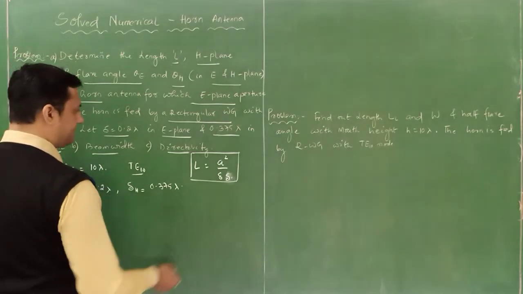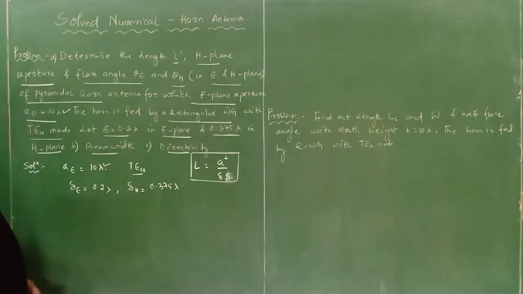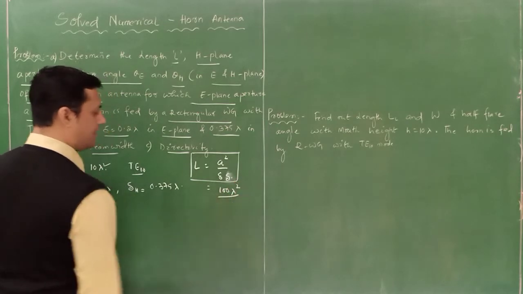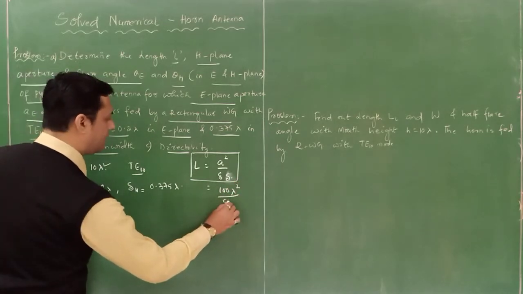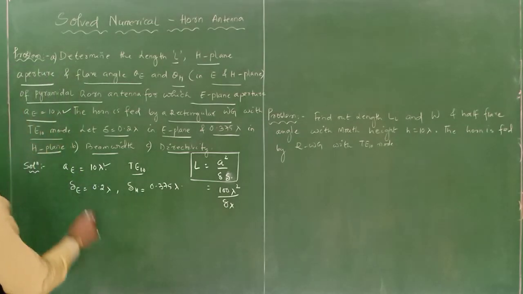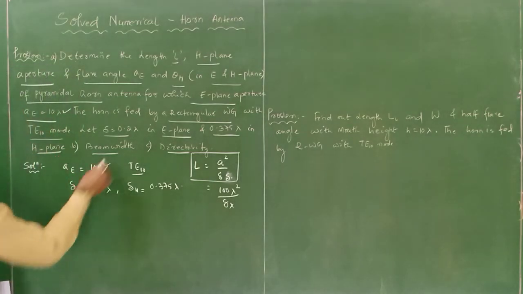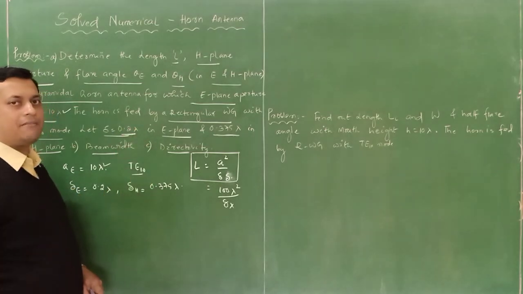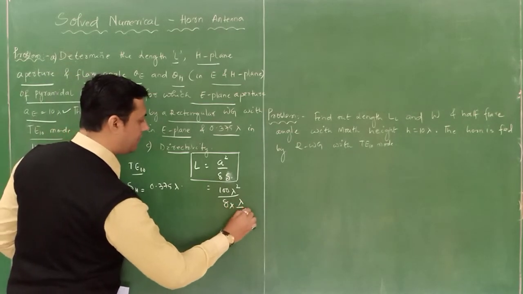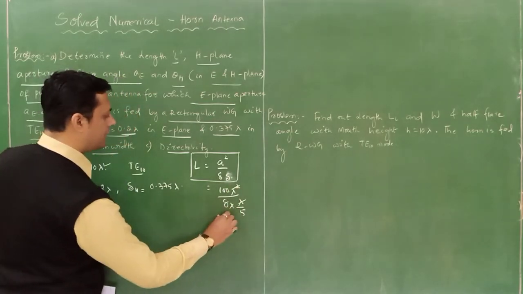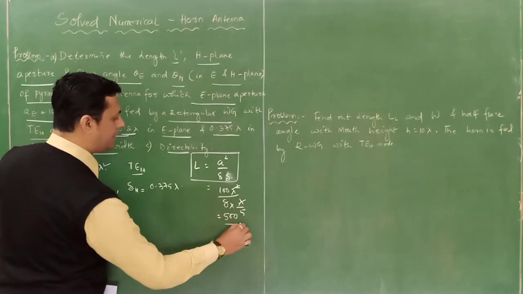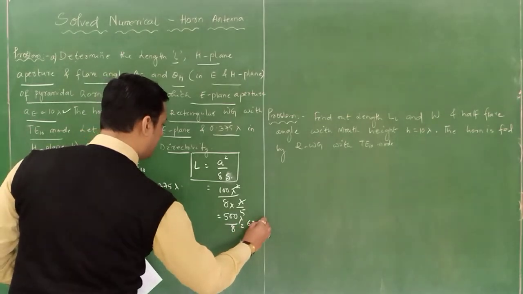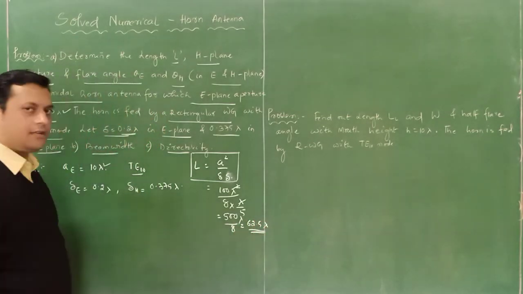Now in this case A is given as 10 lambda, so substituting, you will get 100 lambda squared, and 8 into delta, where delta is 0.2 lambda, that is lambda by 5, so lambda gets cancelled out. So we get 500 divided by 8, and the length will be 62.5 lambda.